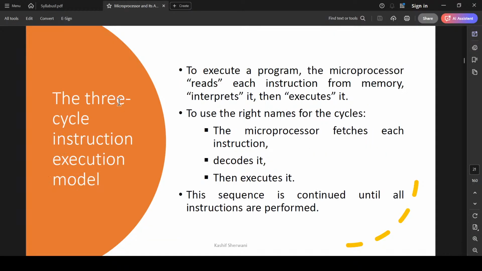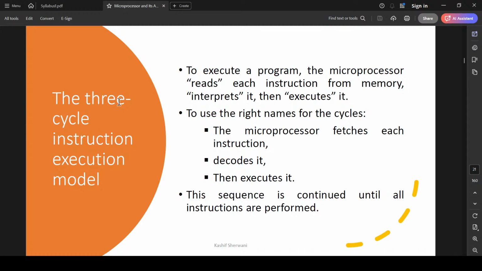So the three cycle instruction execution model. What is the three cycle instruction execution model? To execute a program, the microprocessor has to do three things.